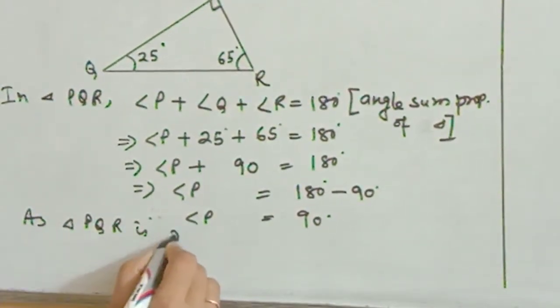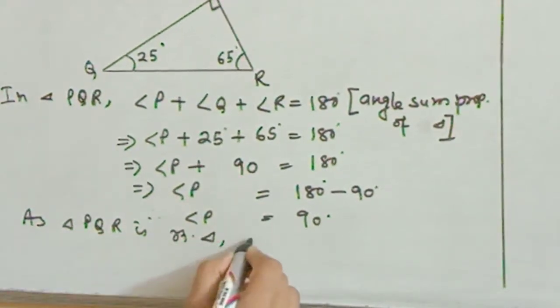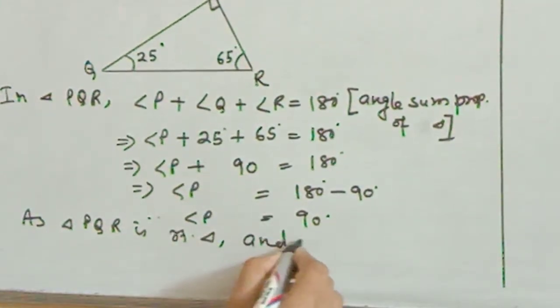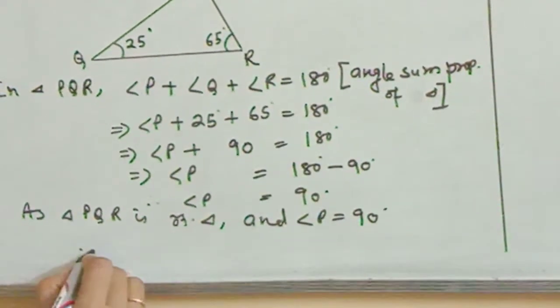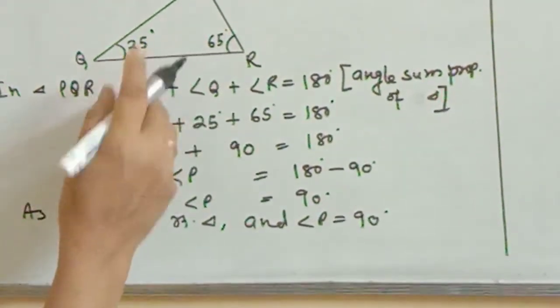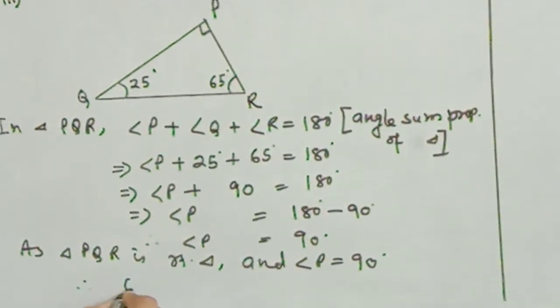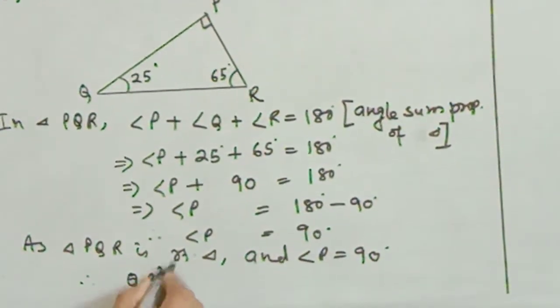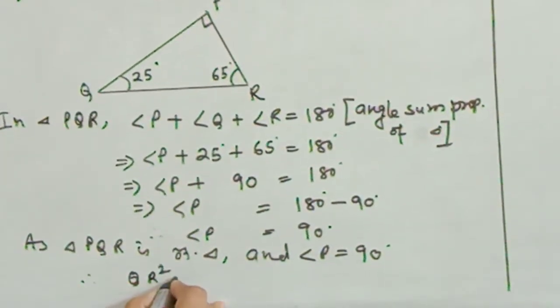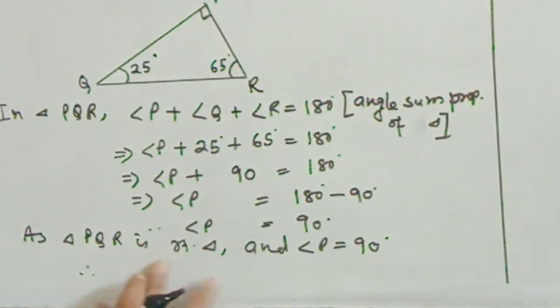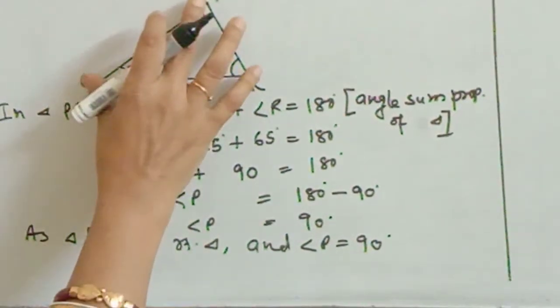Therefore, as triangle PQR is a right angle triangle, and angle P is equal to 90 degree, using Pythagoras theorem we can say that QR squared, hypotenuse squared, is equal to perpendicular square plus base square.